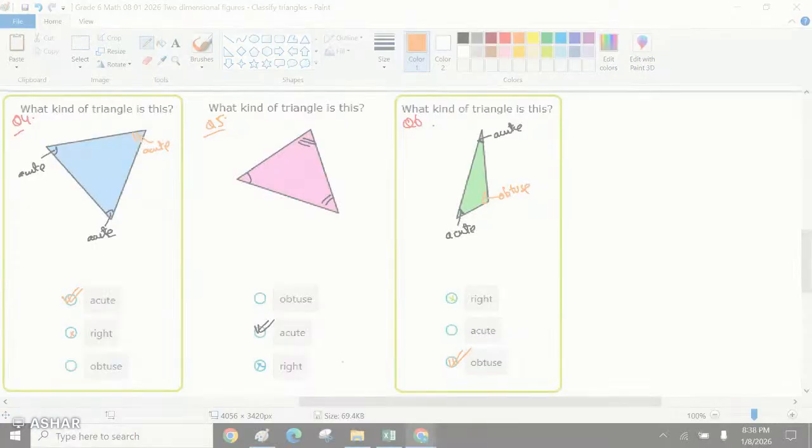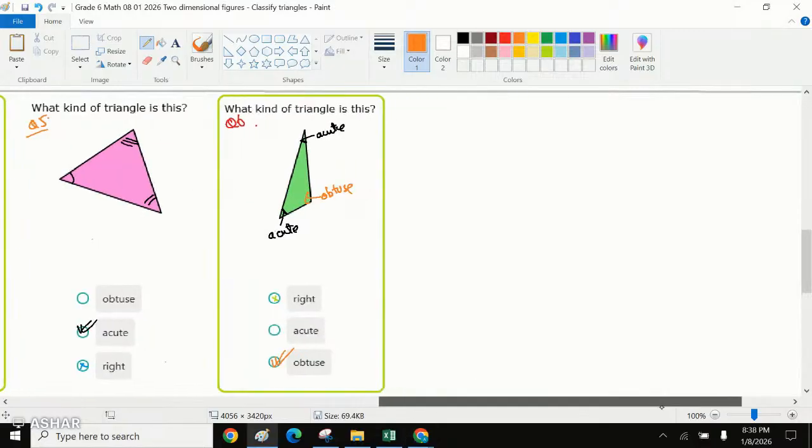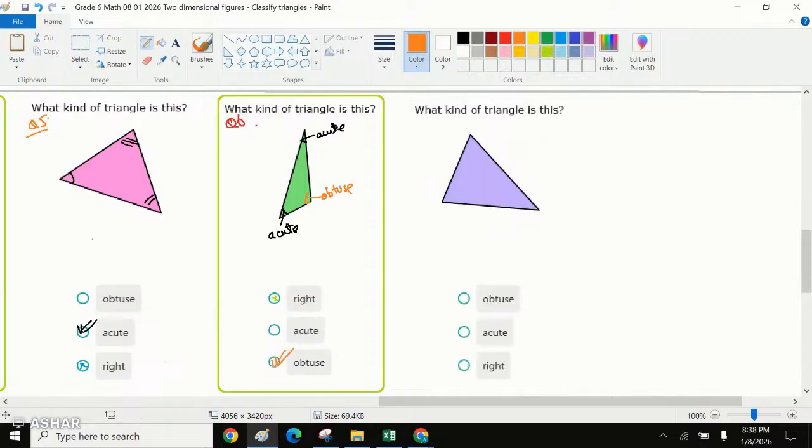Question number 7 states: what kind of a triangle is this? Sorry, apologies for that.